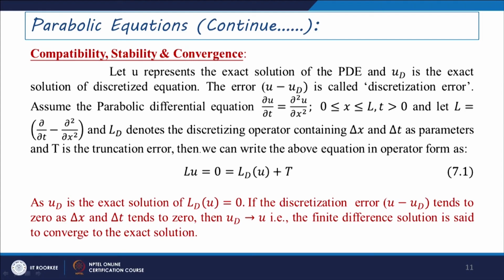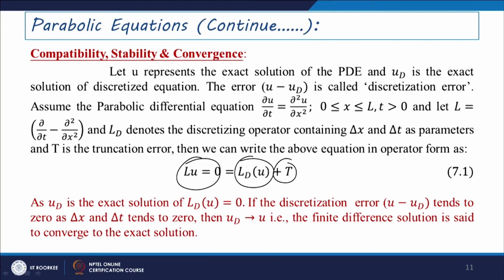Then we can rewrite the above operator as LU equals 0, which is nothing but the discretized solution plus the truncation error. That represents the solution in the discretized operator form plus the truncation error.